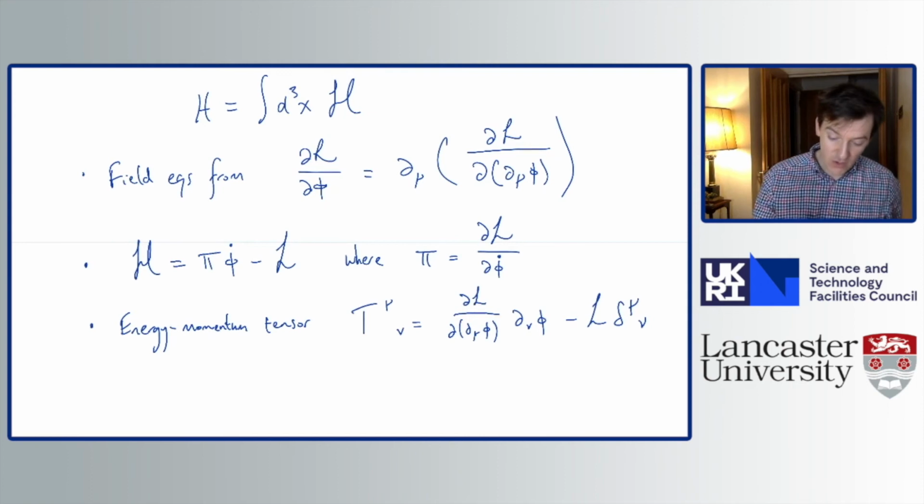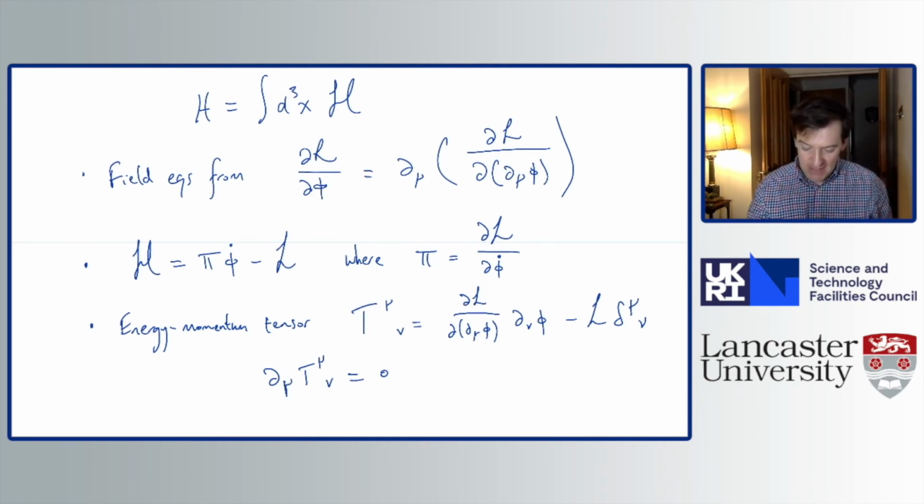This is an important quantity, of course, because it's conserved. In other words, it satisfies a continuity equation, really four separate equations. The index mu is summed over, and then I have nu as a free index, with nu taking values 0, 1, 2, and 3.